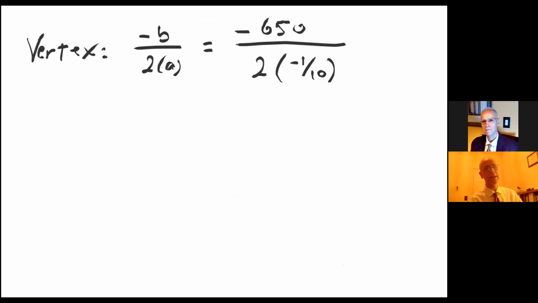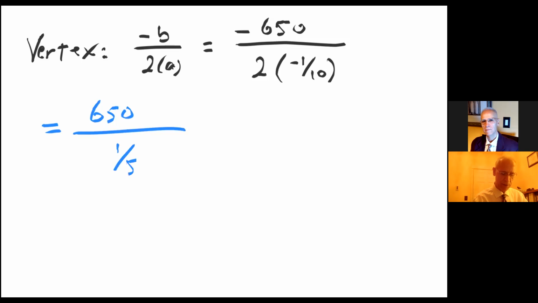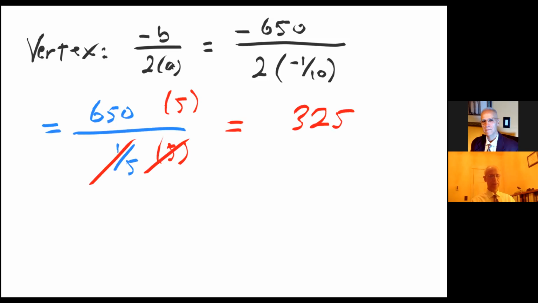So I can cancel the negatives on the top and bottom, and that equals 650 over, in the denominator, 2 times 1/10, which is 1/5. So multiply top and bottom by 5. This cancels this, and that gives me 325. Oh, no, I need another 0.